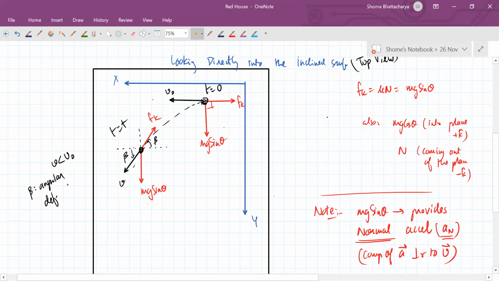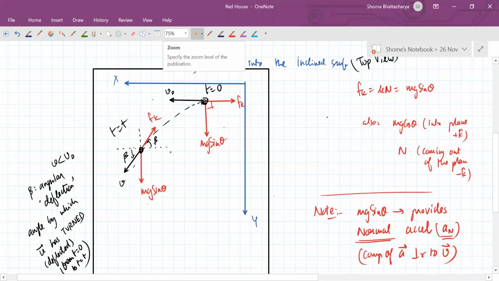Deflection is the angle by which the velocity vector has turned or deflected from t equal to 0 to t equal to t. So in the diagram you can see that beta is continuously increasing.